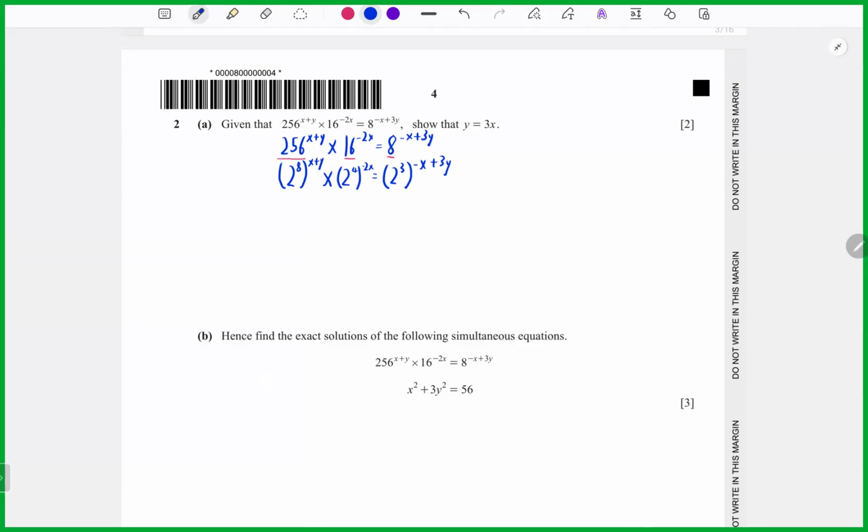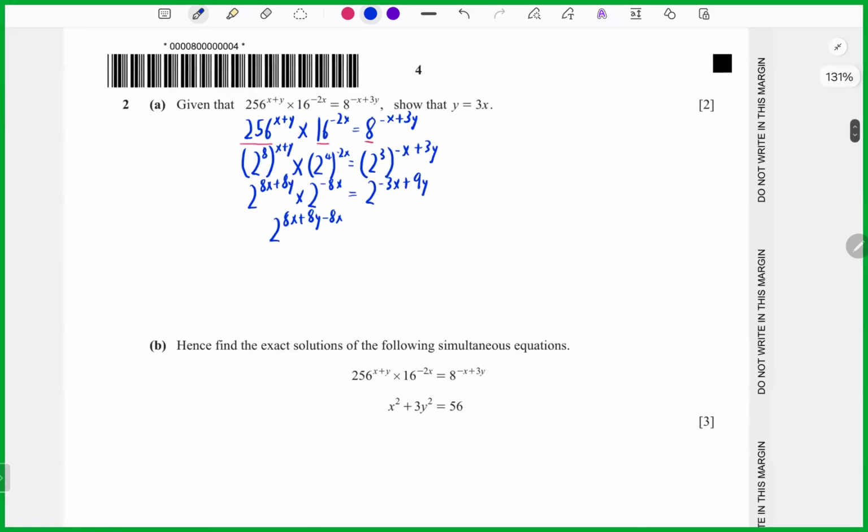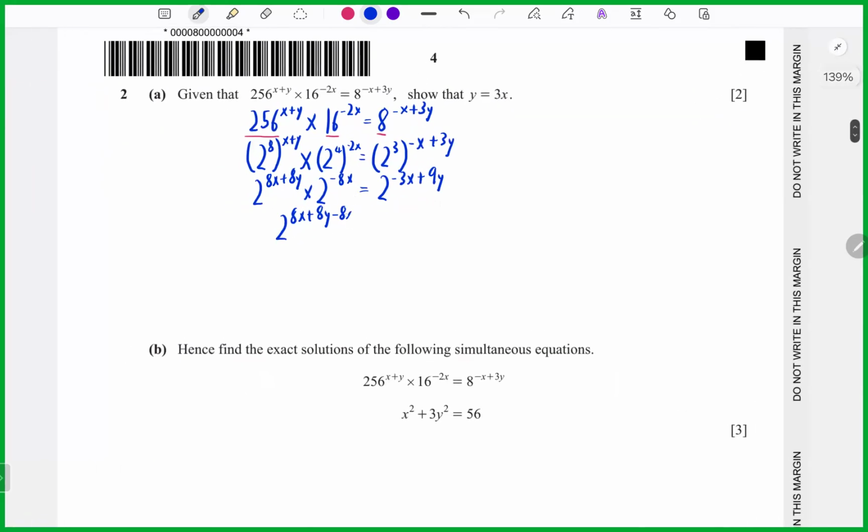Now you can start to apply the law of indices. So you can apply here 2 to the power 8x plus 8y multiply 2 to the power negative 8x equals 2 to the power negative 3x plus 9y. You see here is multiply, right? So you can write 8x plus 8y minus 8x equals 2 to the power negative 3x plus 9y.